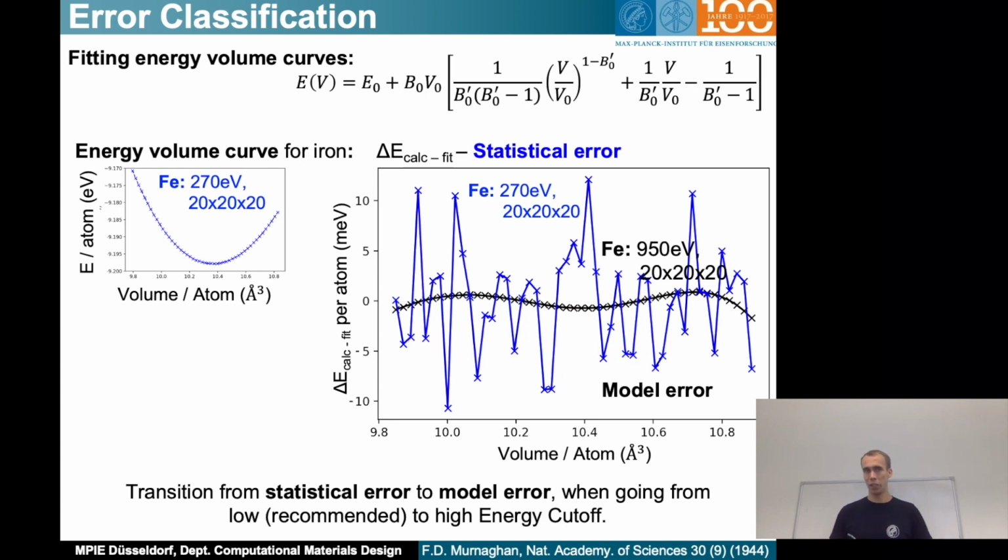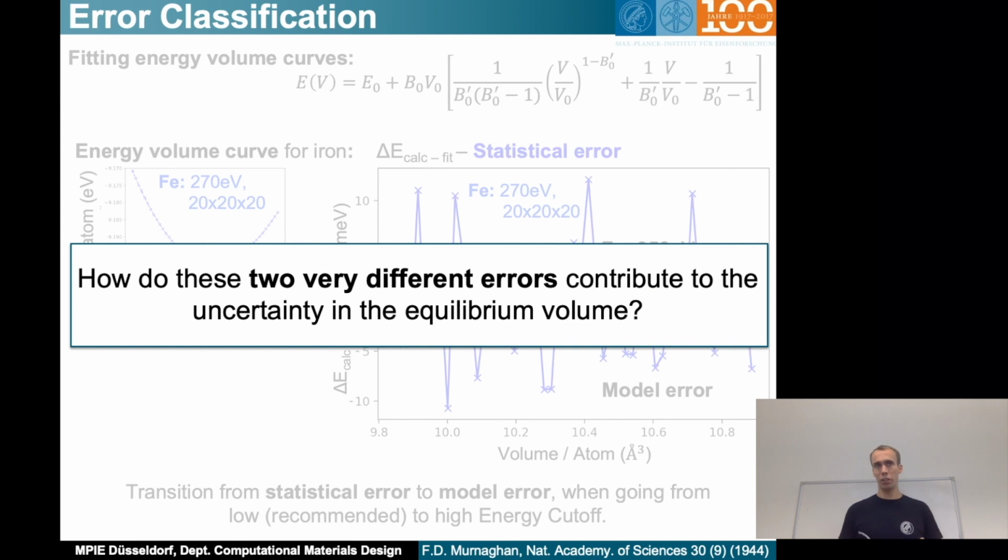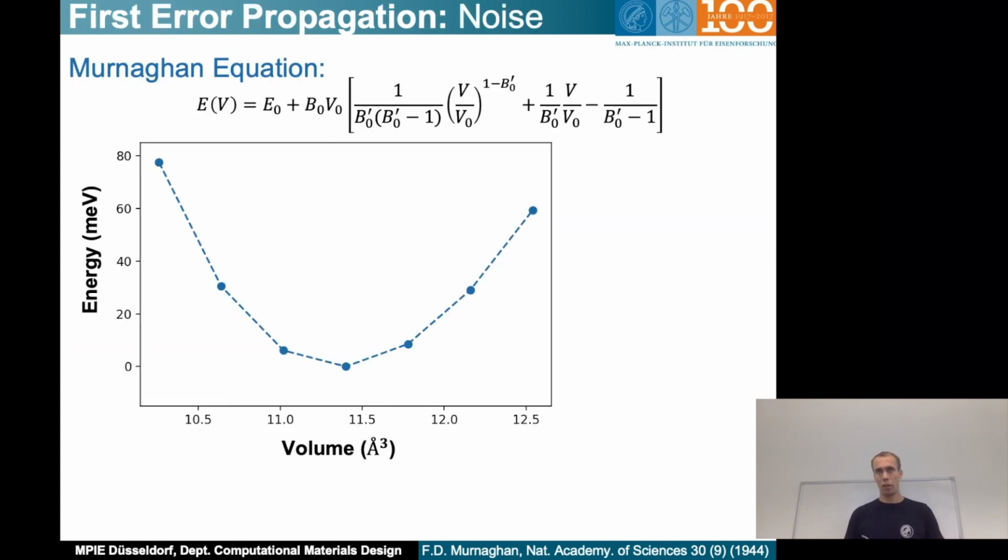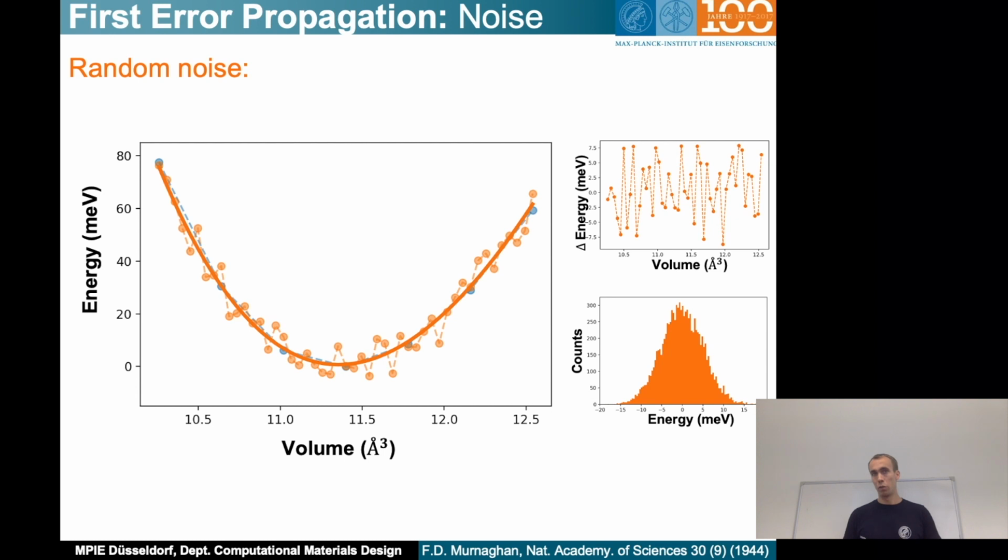And this brings up the question, how do these errors in energy now contribute to the uncertainty in the equilibrium volume, equilibrium bulk modulus, and so on. So again, I take my energy volume curve, I now do have the random noise, and you can nicely see, okay, the distribution is more or less Gaussian, so we assume it really as random here. And now given this distribution, I can construct an error, right?